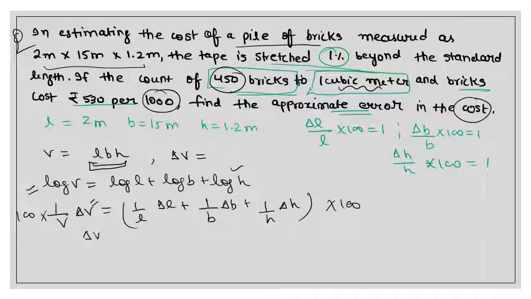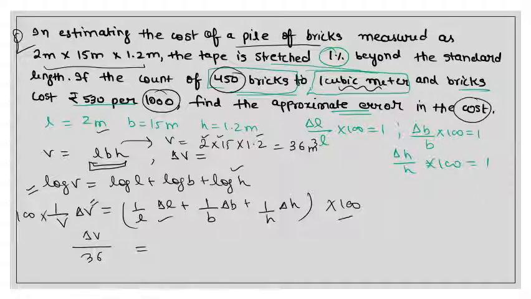Del v we don't know, but v we know. How? If you put the values l, which is 2 into 15 into 1.2, it is 36 meter cube. And here, delta l by l into 100 is basically 1.